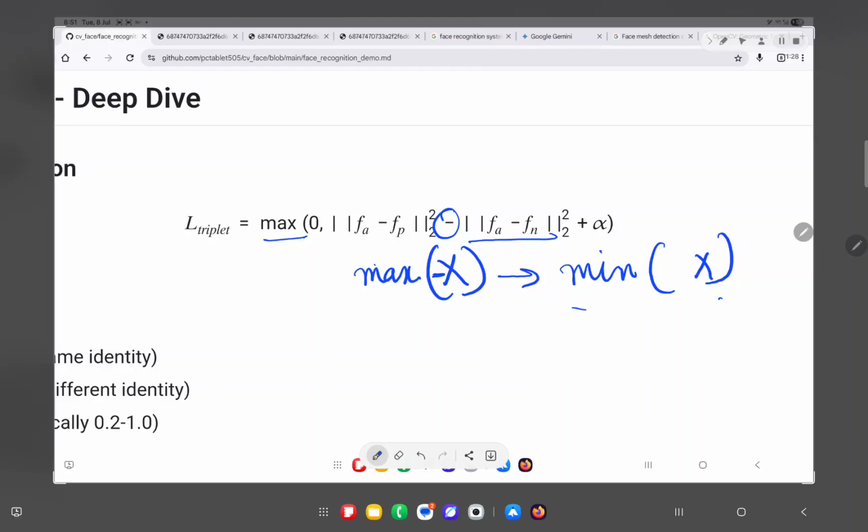So here, our goal is to maximize this, and this one is the L2 norm for negative pairs, so this one has to be minimized.